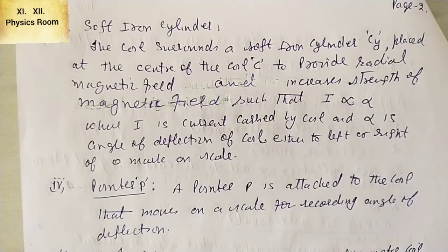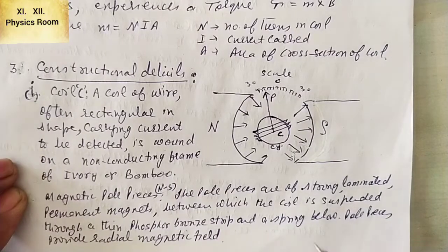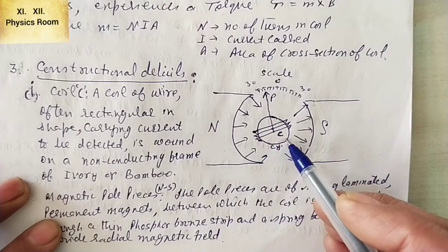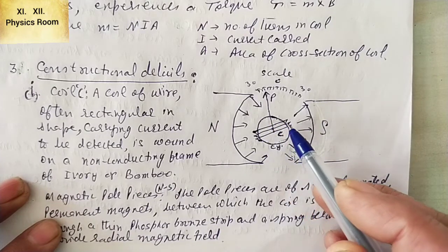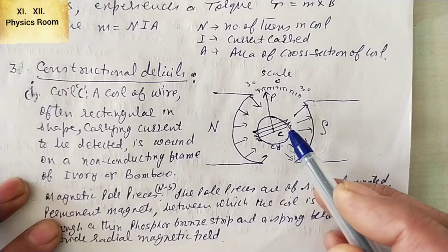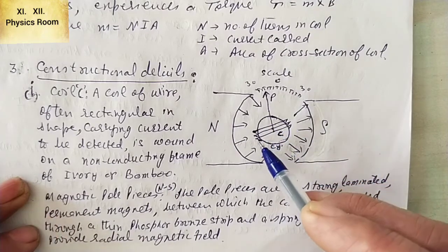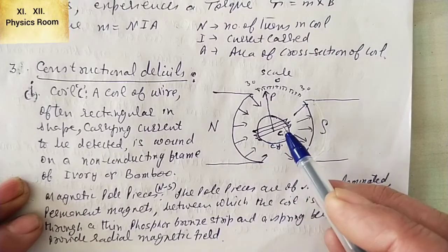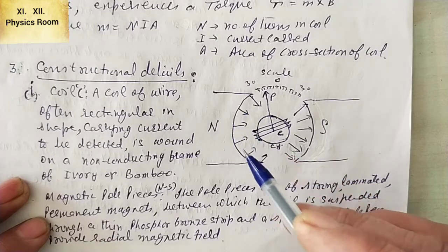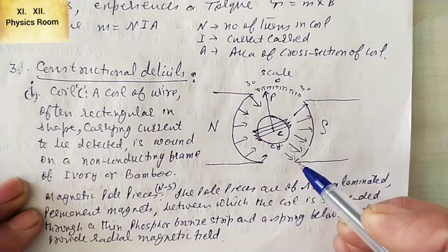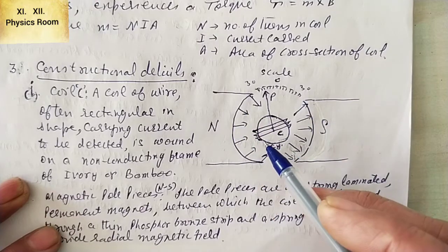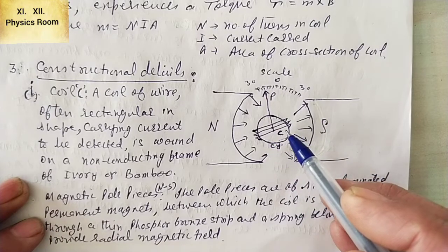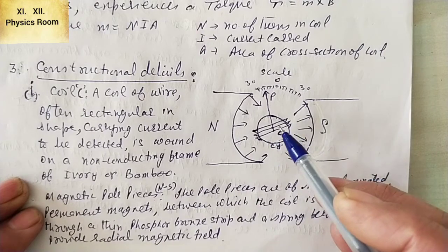Now, where is the soft iron cylinder CY in the diagram? This is the soft iron cylinder around which this rectangular coil is wrapped. It is suspended freely between the pole pieces, and it surrounds the soft iron cylinder, and it can rotate easily and freely.